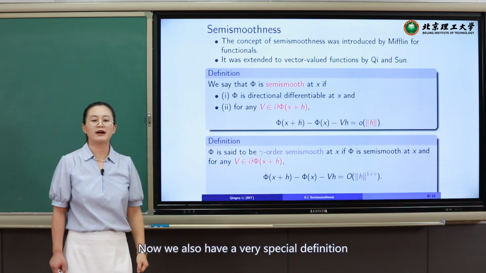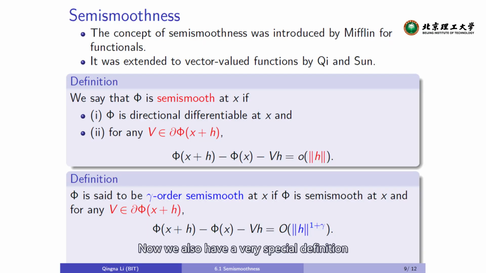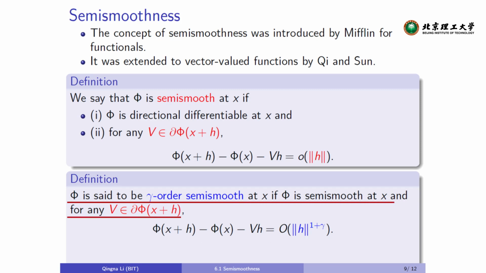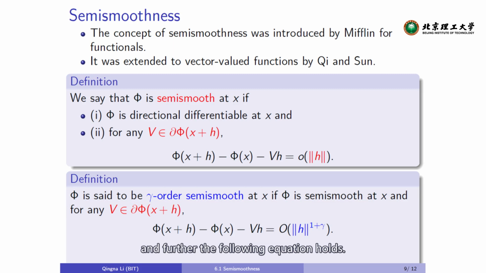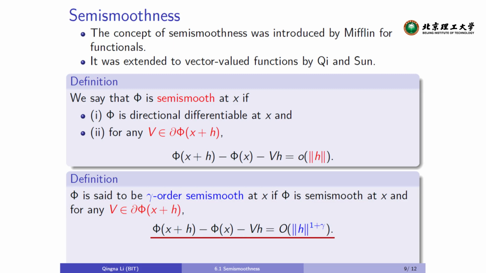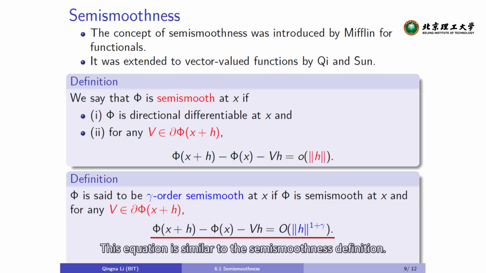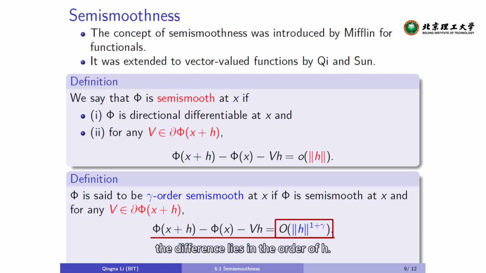Now, we also have a very special definition called gamma-order semi-smooth. It means that phi is semi-smooth and further the following equation holds. This equation is similar to the semi-smoothness definition, however, the difference lies in the order of h.